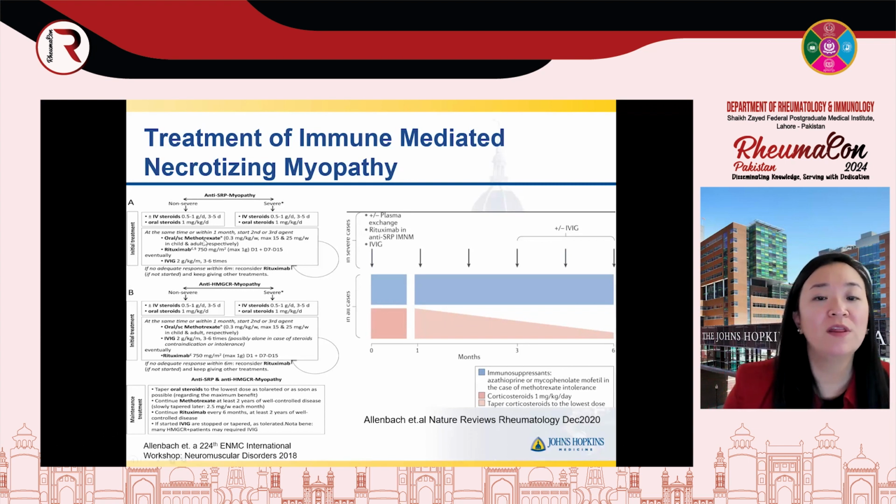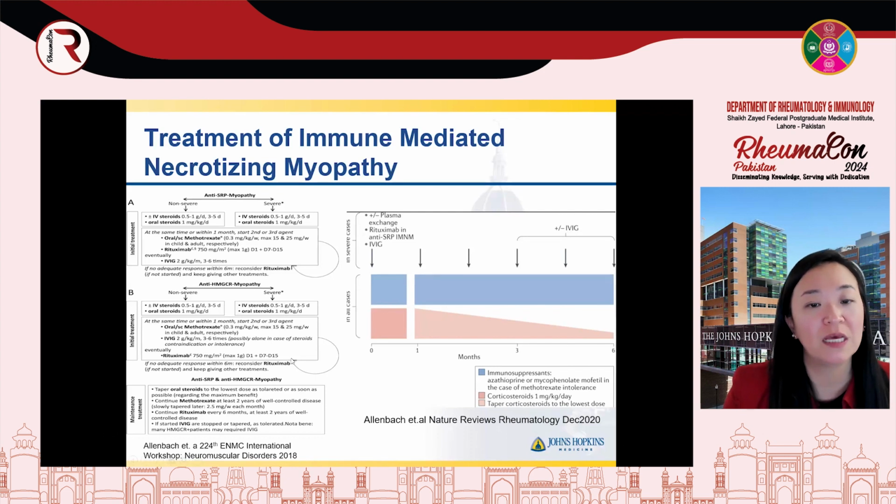So at the same time or within a month, you're starting a second or third agent, like methotrexate or even rituximab, and then IVIG. If there's no adequate response within 6 months with the first agent, you want to reconsider rituximab and keep giving other treatments. So for SRP, you really want to think quickly about rituximab if the patient is not responding within 3 months, or 3 to 6 months, after methotrexate.